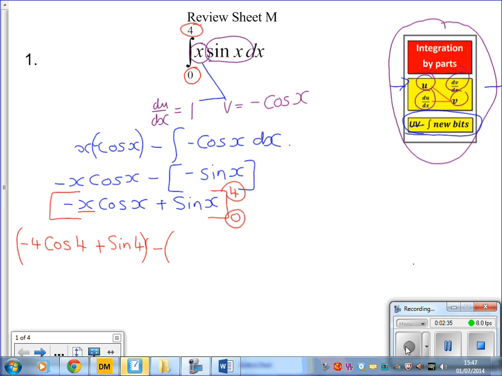Minus 0 is just going to give us 0 times cos, so I've got 0 there, plus sine 0. Sine 0 is also 0. So this bracket gives me 1.8577. This bracket gives me 0. So my answer to 3 significant figures is 1.86.